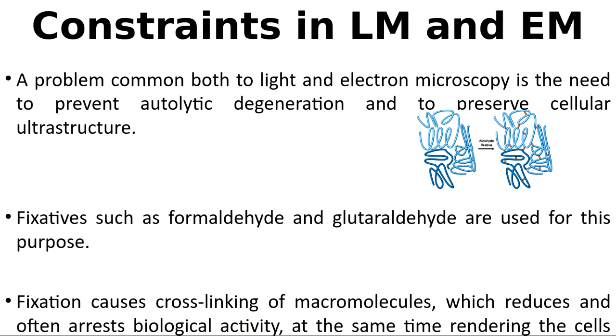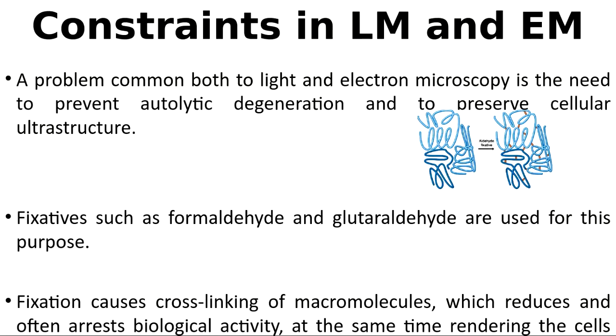A constraint, meaning a difficulty, common to both light and electron microscopy is the need to prevent autolytic degeneration and preserve cellular architecture. So whenever you cut the tissue, you have to fix it. Light microscope specimens are usually fixed in formaldehyde, as I have told. Electron microscope specimens are usually fixed in glutaraldehyde.